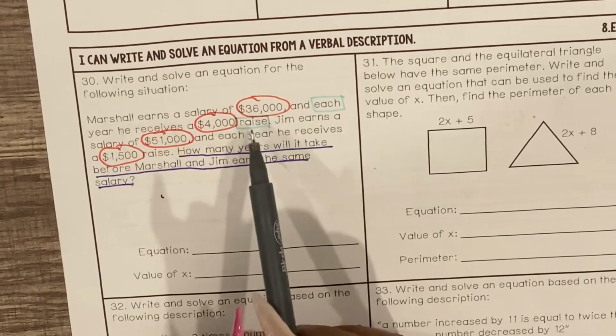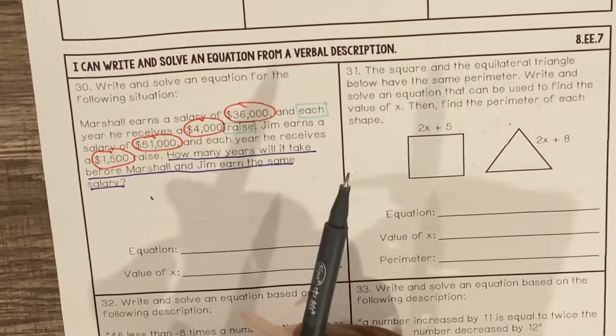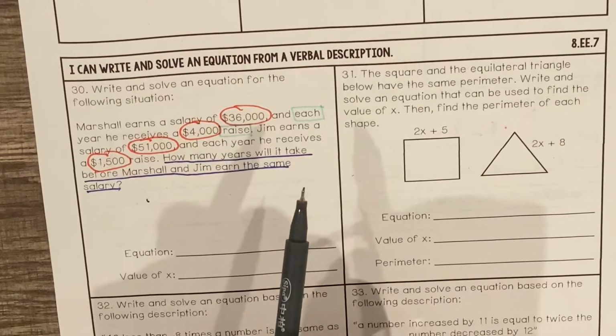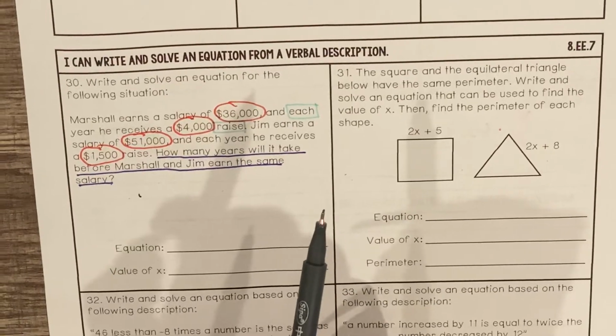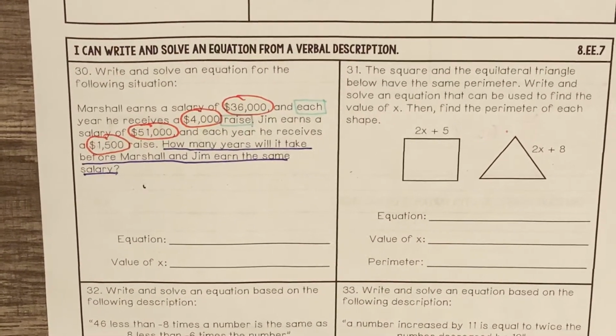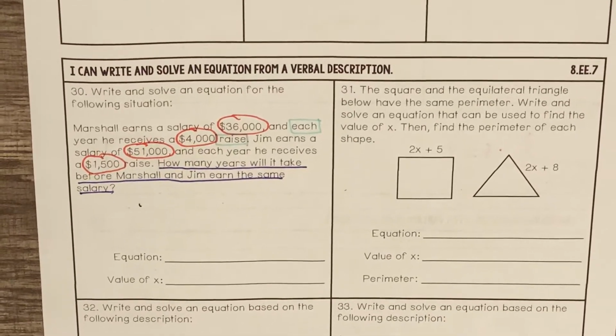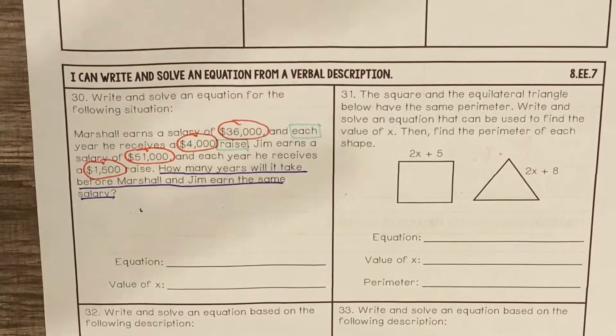Now this right here, this $4,000, the raise word, the reason why I'm putting a box around that is because it's not telling me operation, it's telling me direction. So when we look at the number line, we talk about the number line being our distance and our direction. I need to know, is he increasing $4,000?